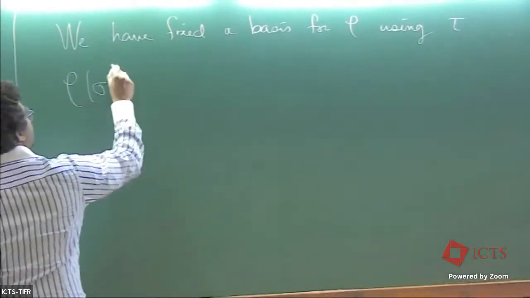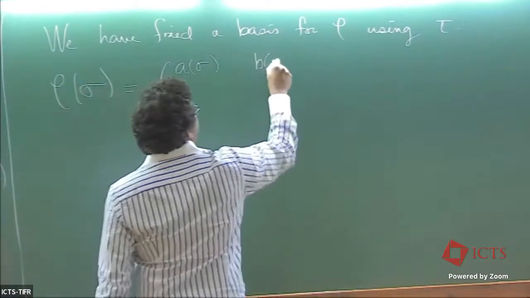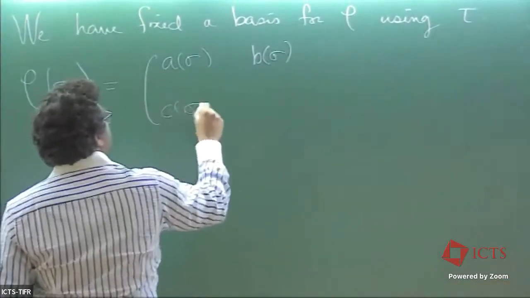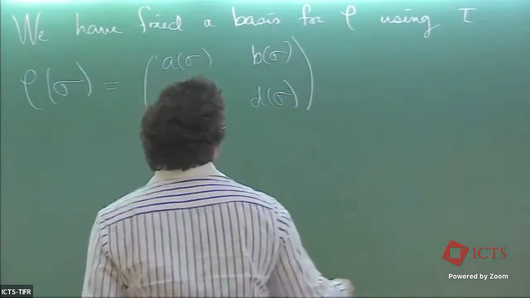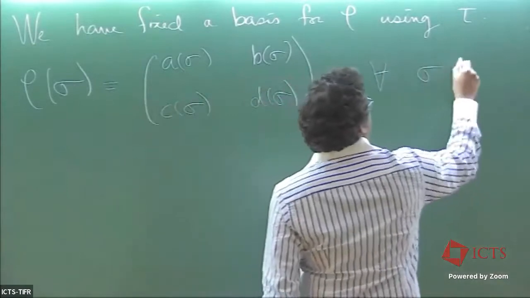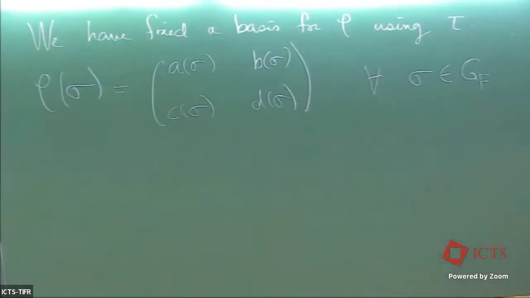So I can write this down as an honest matrix like this, for all sigma in G_F. And now these are the explicit things that we are going to work with to construct our cohomology class. Okay. All right.